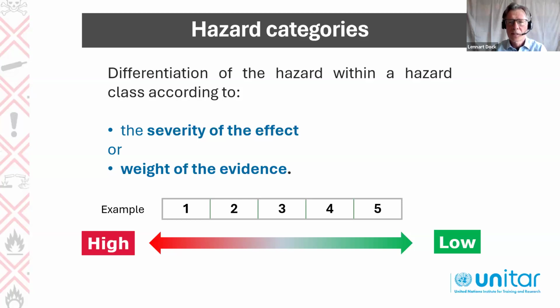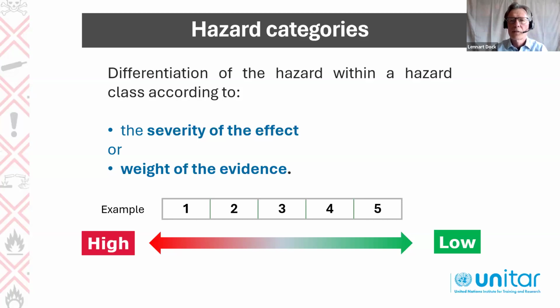So acute toxicity category 1, you are effective at a lower dose level than if it is a category 5. In fact, some jurisdictions have not adopted category 5 for acute toxicity, but have 1, 2, 3, 4. Others have 1, 2, 3, 4, 5.